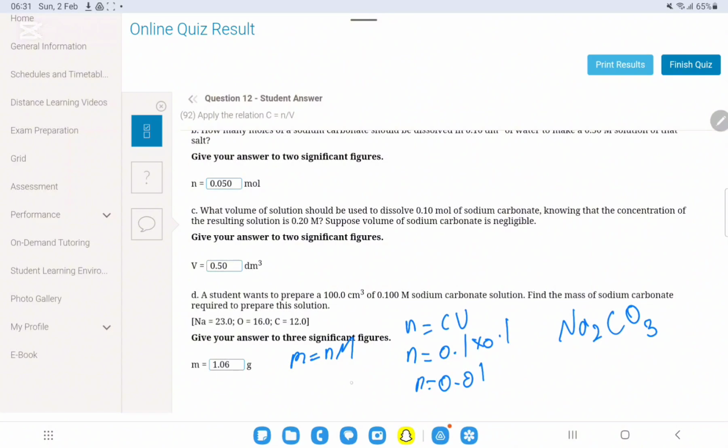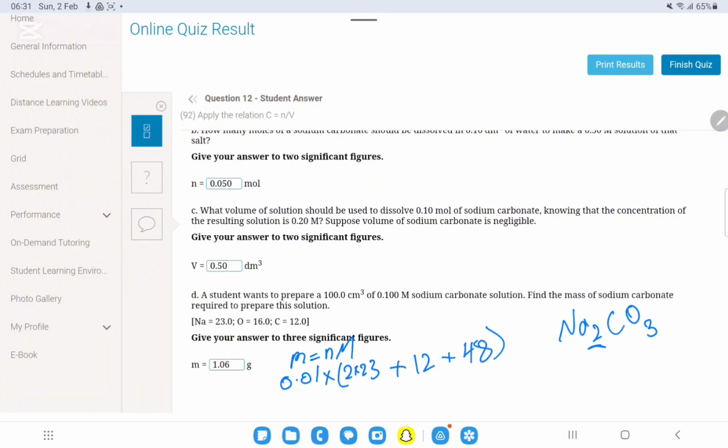0.01, and then we know that mass equals n times molar mass. We have the moles, so 0.01 times molar mass: 2 times 23, because Na2, plus C is 12, plus O3 is 48.